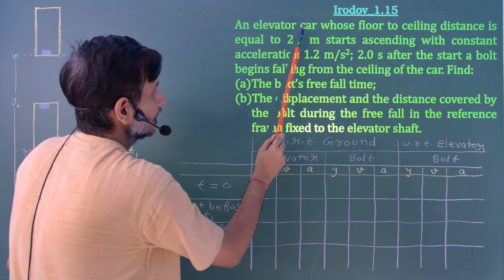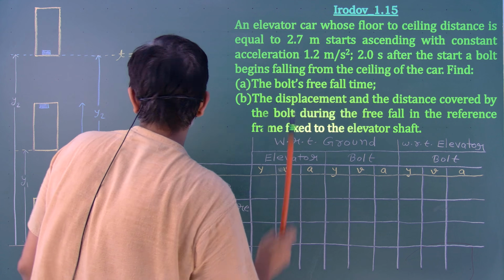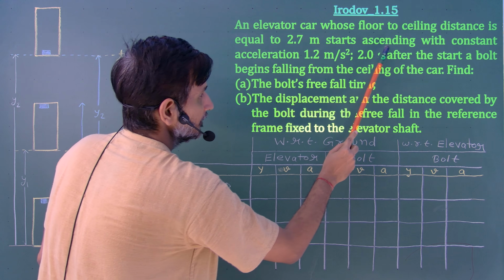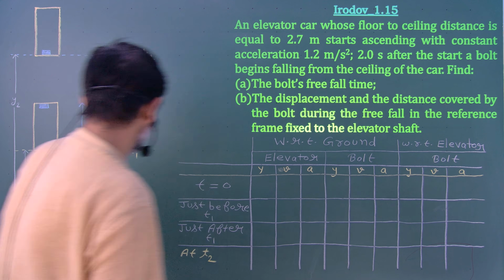An elevator car whose floor to ceiling distance is equal to 2.7 meter. There is an elevator having distance d from floor to ceiling. So this distance d is given 2.7 meter. It starts ascending with constant acceleration 1.2 meter per second square.